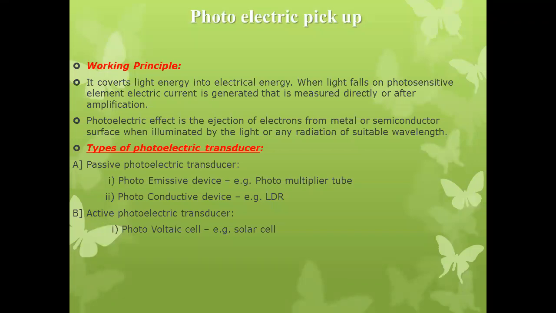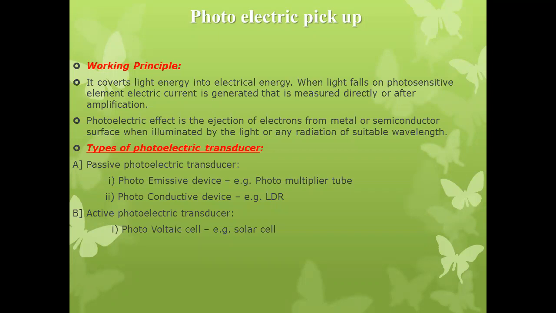These electrons constitute a current, and that current can be measured using a voltmeter, or after amplification.